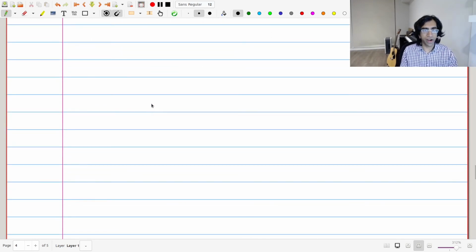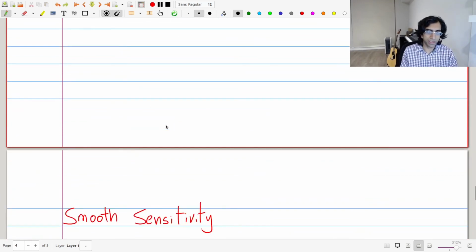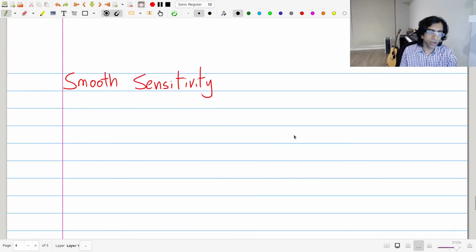All right, the final approach that I'm going to mention is a very powerful technique called smooth sensitivity. This is going to be similar to the previous approach. Well, all of these are kind of related somehow. They all try to exploit the local sensitivity of the function on the data set.